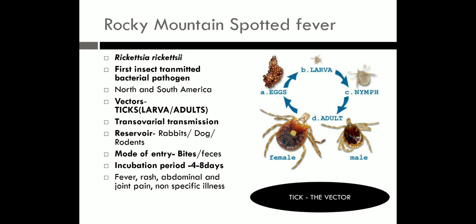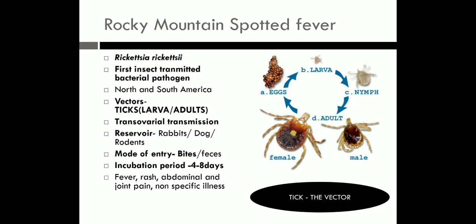Now we come to the Rocky Mountain spotted fever. Please be informed that this particular infection is a potentially fatal disease. In fact, among the rickettsial infections, this has got the highest mortality rate.